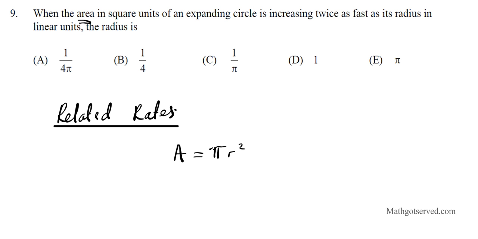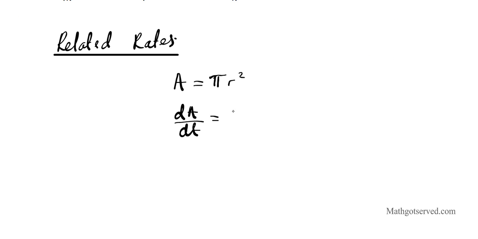All right, so if there are changes going on here, how are they related? We just need to find the derivative of this function implicitly. We're going to differentiate everything with respect to time. Differentiating the left side gives dA/dt equals, and on the right side, pi is a constant, so we can factor that out.